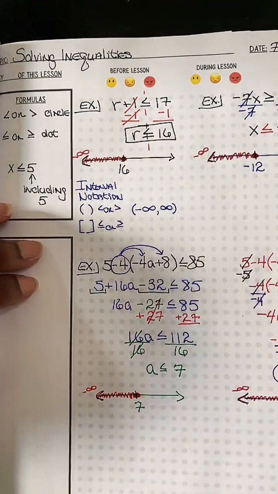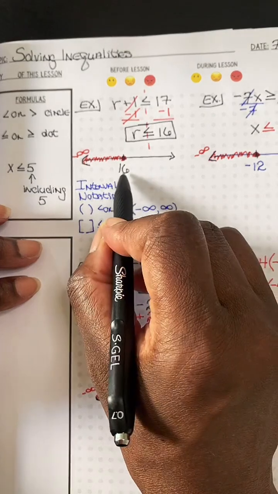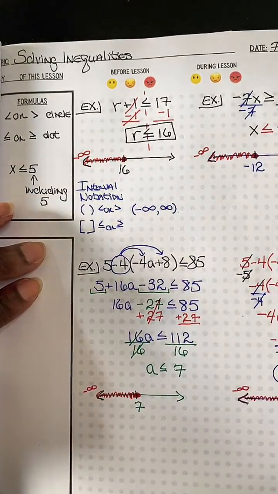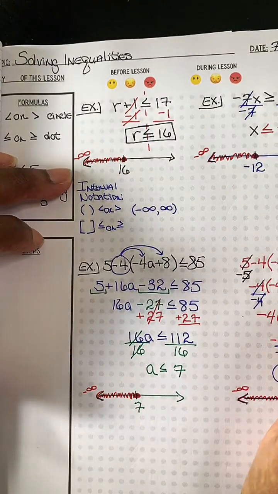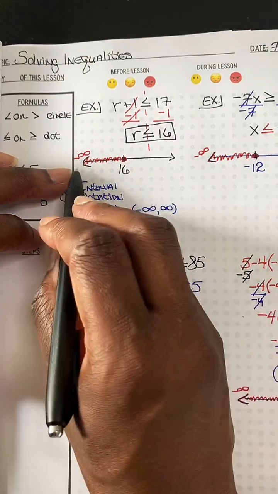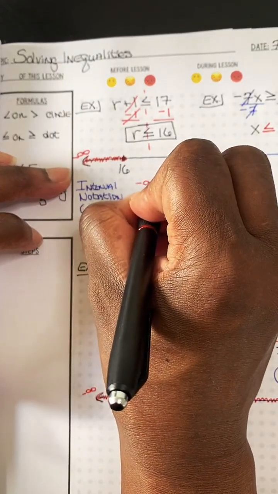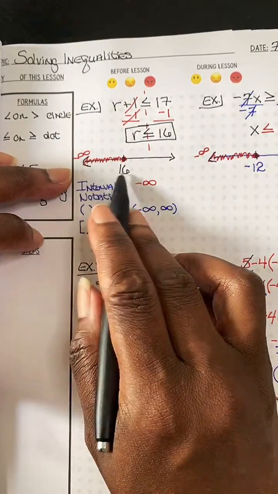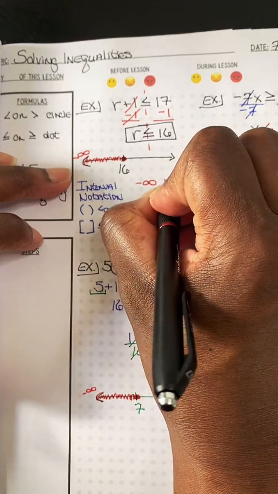I'm just going to do a quick run-through. For the interval notation for this, my lowest number is negative infinity, my absolute lowest number. And the highest number to satisfy this inequality is going to be 16.